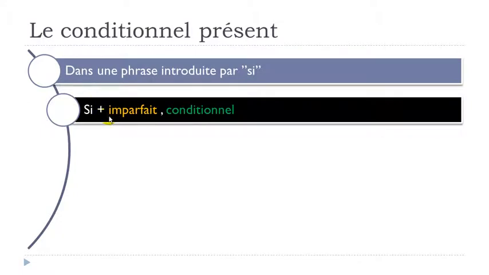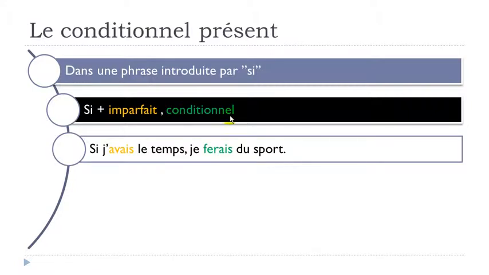We didn't see this form yet. It will come in the next unit, sorry. So no stress about that. It's just an example, but it's for you to know that if you want to construct this if structure, then it should be followed by imparfait. Then comes le conditionnel.